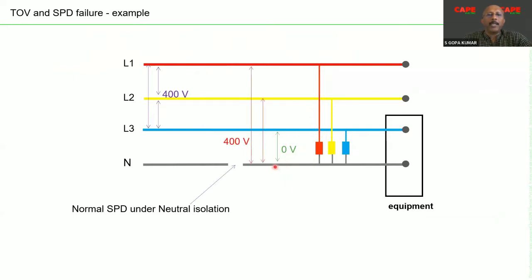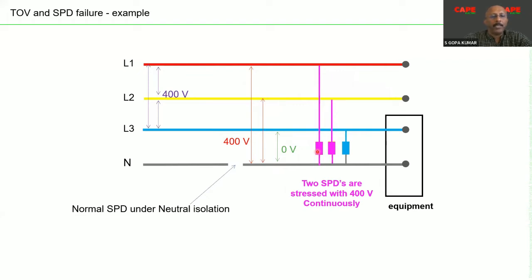As a result, the disconnected part of the neutral with respect to the other phases, suddenly the potential is 440 volt. As a result, the 440 volt stress is on the SPD. And this 400 volt stress probably may kill the SPD within a short time.